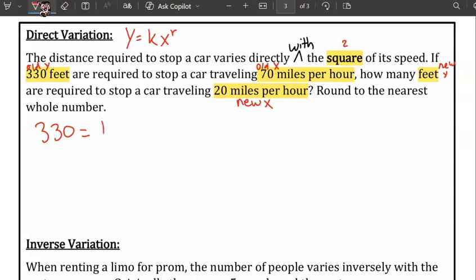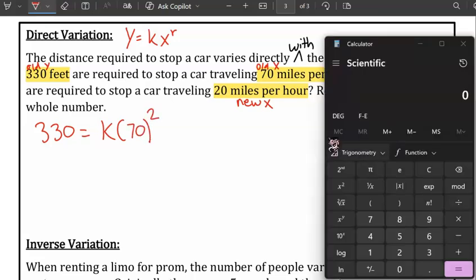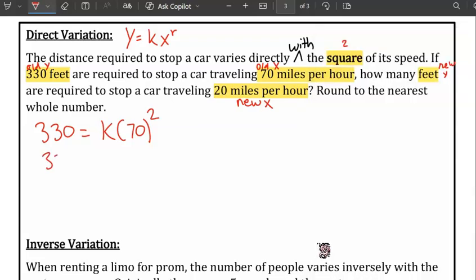330 equals k, which we're solving for, times 70 to the second power. 70 to the second power is equal to 4,900. To solve for k, we're going to divide each side by 4,900.